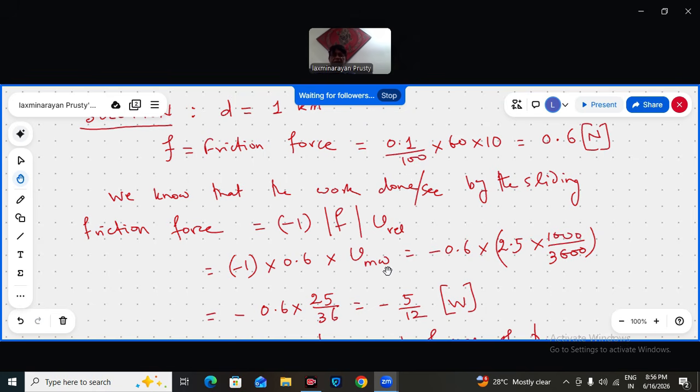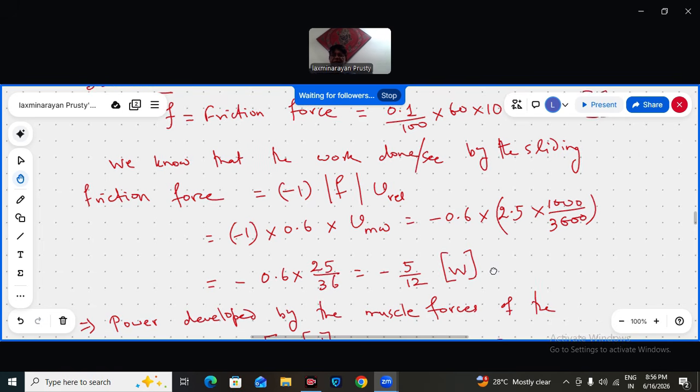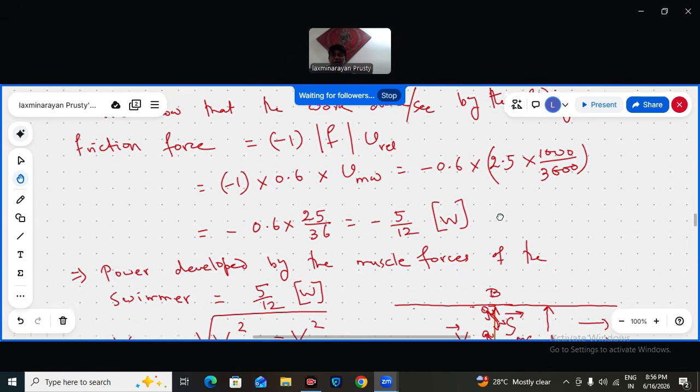VMW is the man with respect to water, that is the relative speed. So minus 0.6 into VMW. VMW is 2.5 kilometer per hour, that is 1000 by 3600 meter per second. So that is minus 0.6 into 25 by 36, that is minus 5 by 12 watt. This is the work done per second by the friction force.